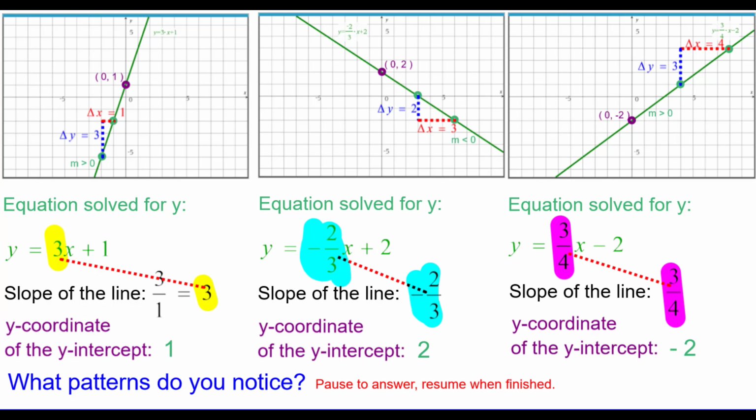So it appears, well, I'll give you one last chance in case you didn't see that before. So the slope is the coefficient of x when the equation is solved for y in each of these three cases.